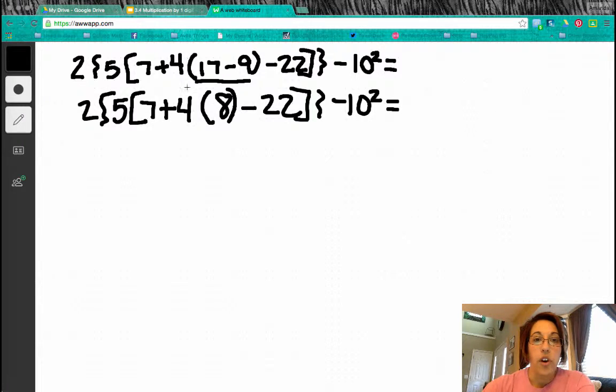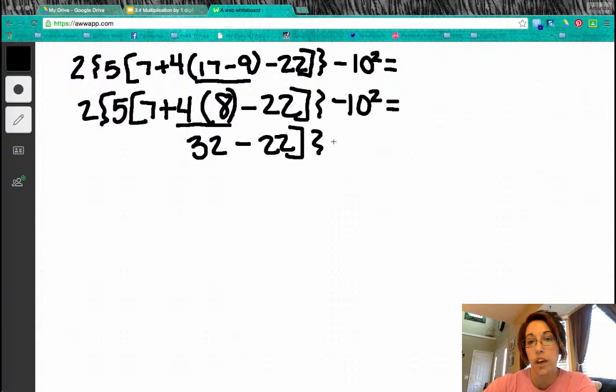Okay, so I've undone the parentheses. Now I have to undo these brackets. And thinking inside of these brackets, first multiplication and division. Well, I have 4 times 8 right here, which is 32. And then I copy everything else down because we know that's how we stay organized.